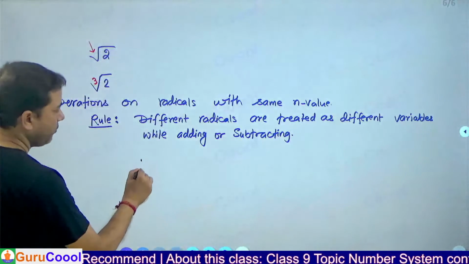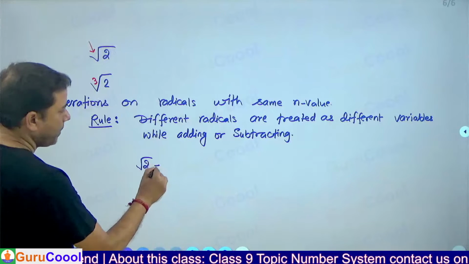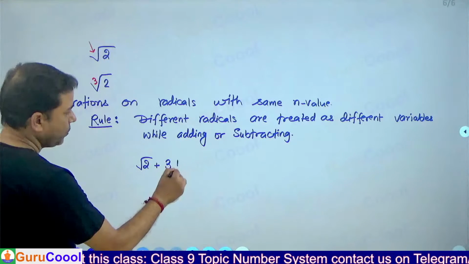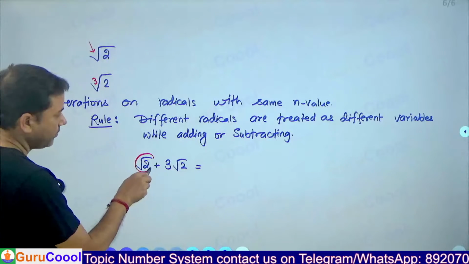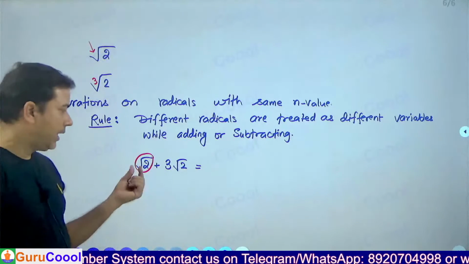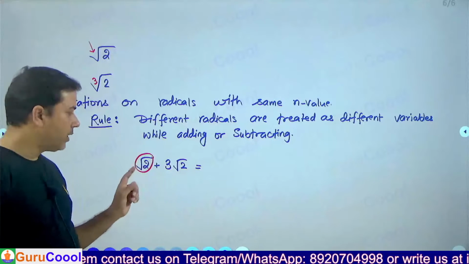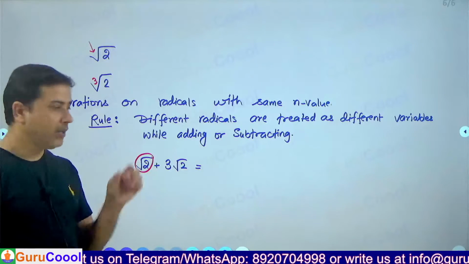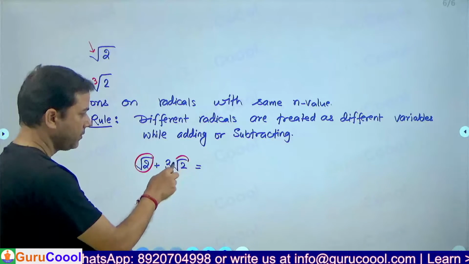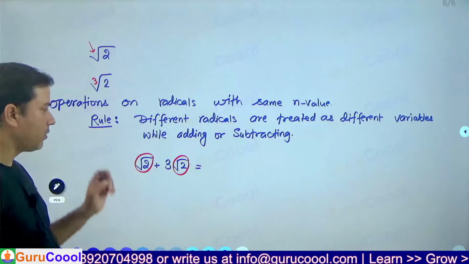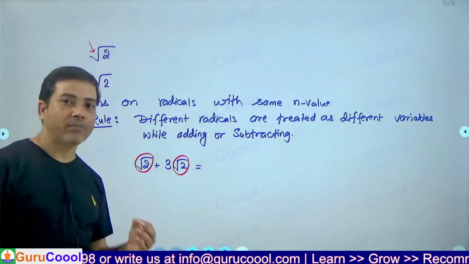For example, if you have root 2 plus 3 root 2, you have the same radical. Yes, n value is the same. The number inside the root sign, I mean the base number, is also the same. So they are called the same radical.